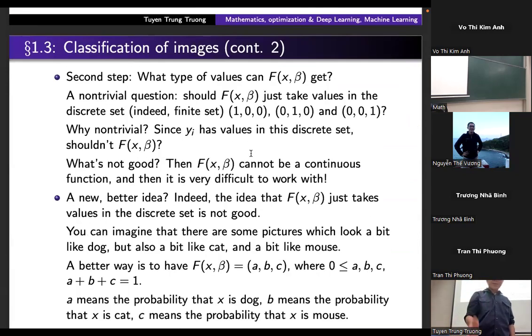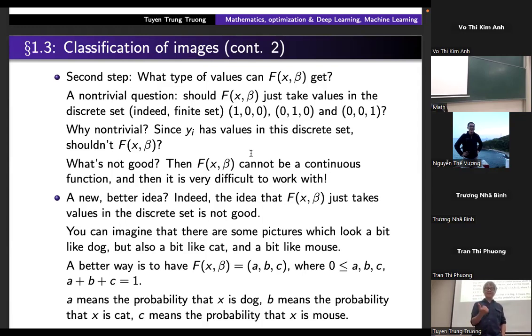So we can assume that A, B, C can be any number, and now we think about A, B, C like this: A is the probability that your picture is a dog, B is the probability that your picture is a cat, C is the probability that your picture is a mouse, and A plus B plus C equals 1.